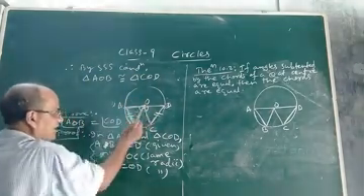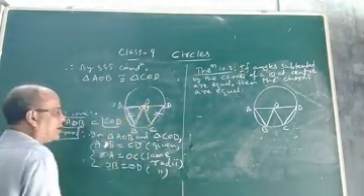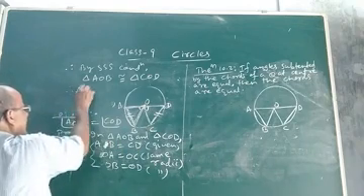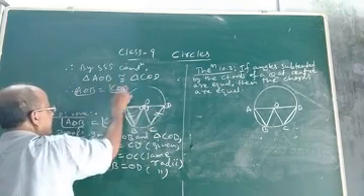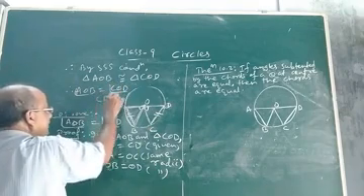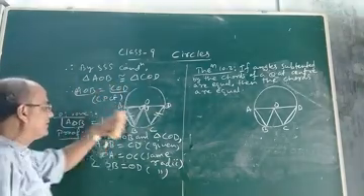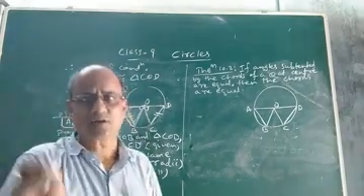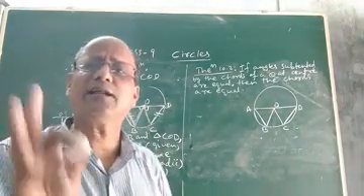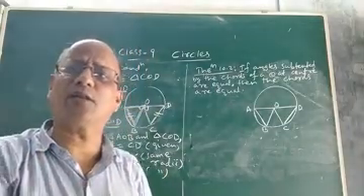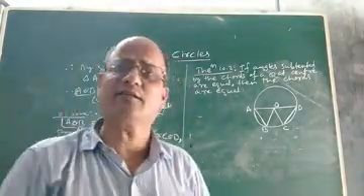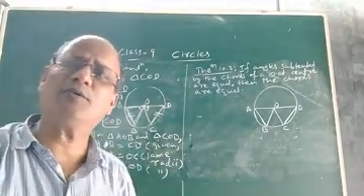Now if these two triangles are congruent, these two are corresponding angles. So angle AOB will be equal to angle COD. Why? The reason is CPCT. So what did we prove? We proved that if two chords of a circle are equal, they will subtend equal angles at the center.